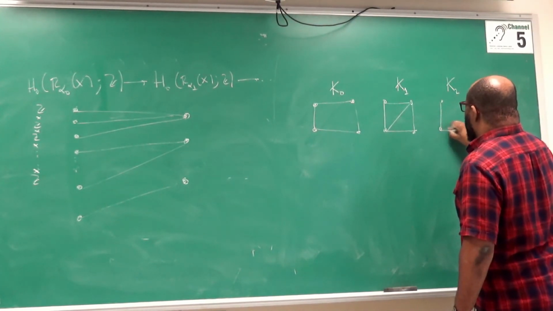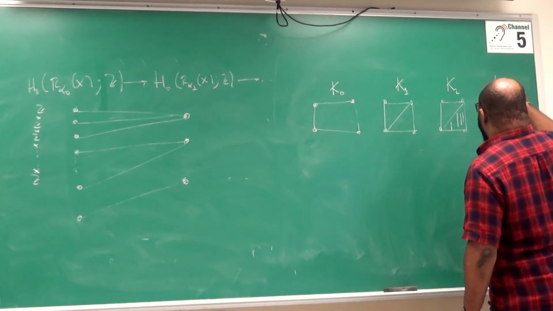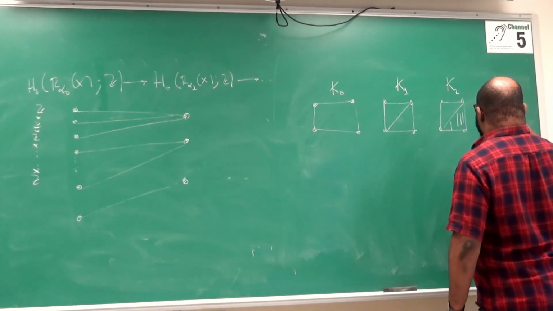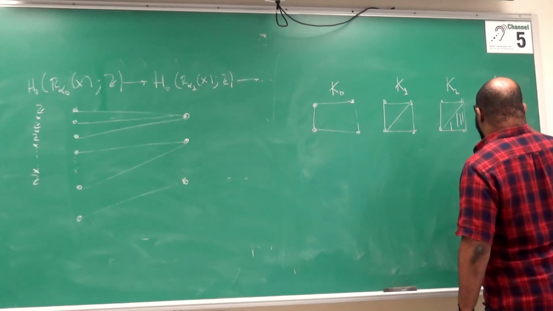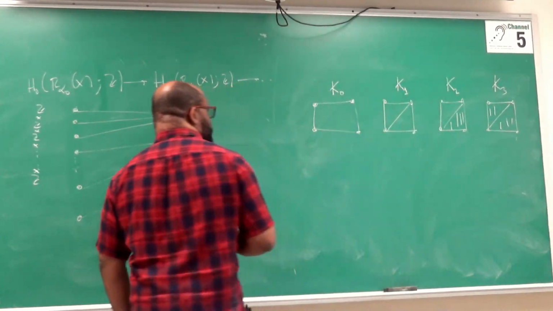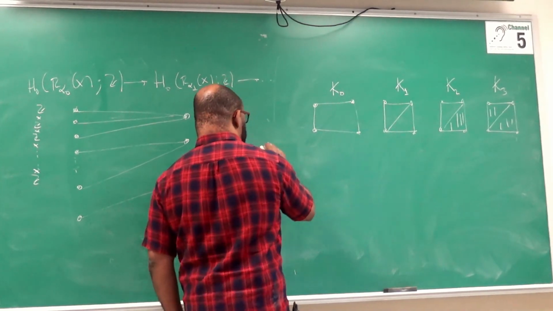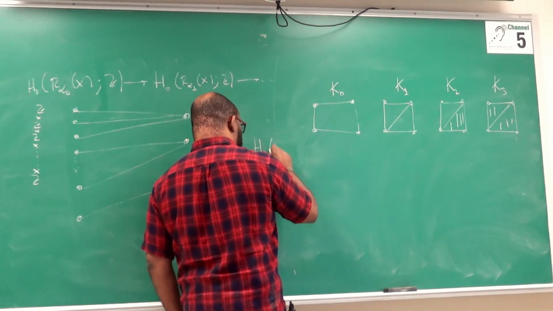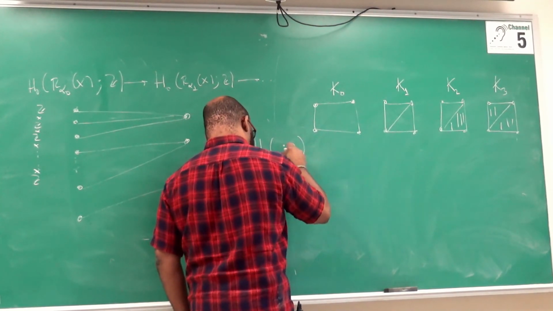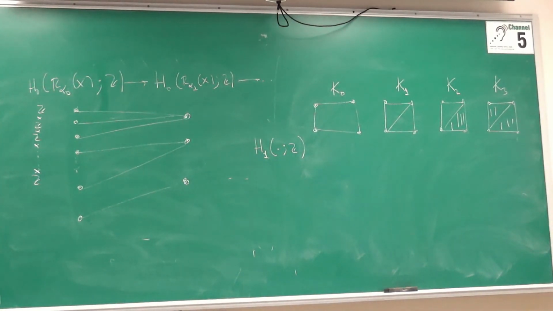K2 is, I'm going to add the two simplex here, and then K3 is going to be the filled-in complex. I am also going to compute homology, but this time in dimension 1. Okay?